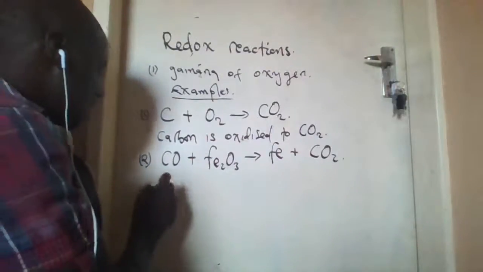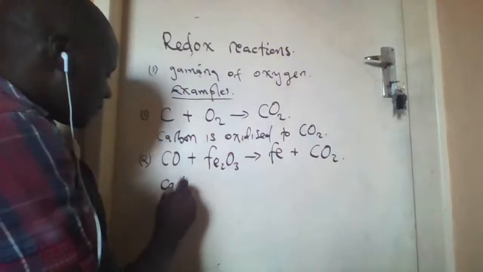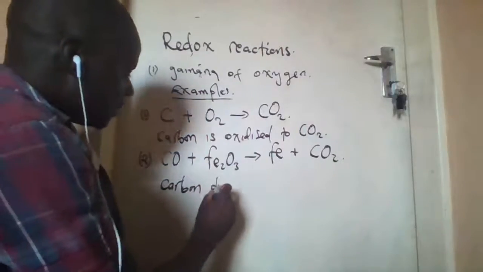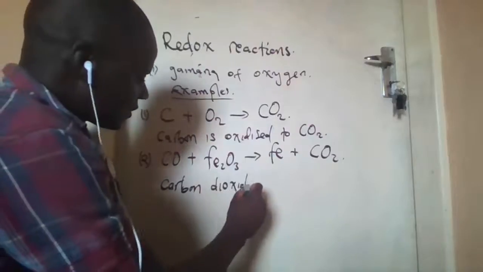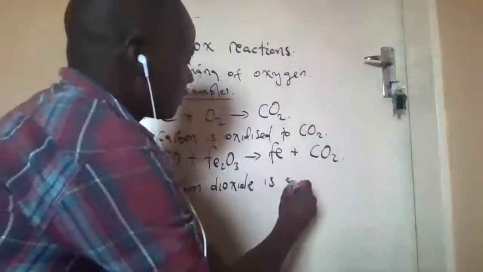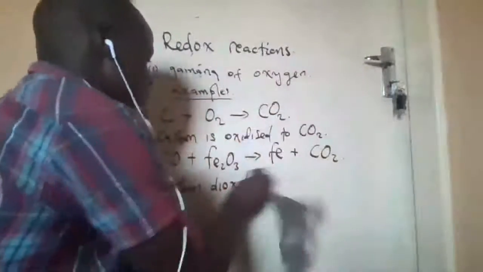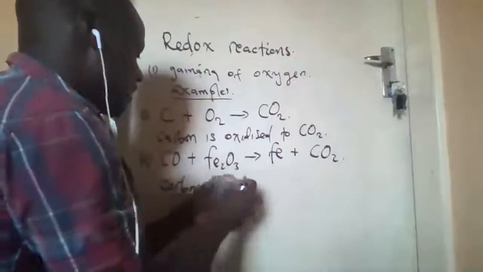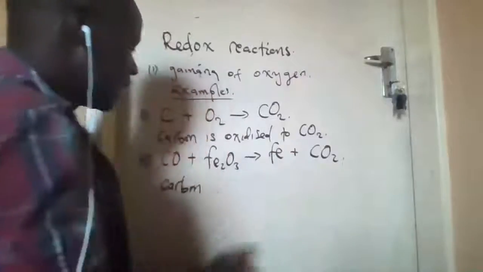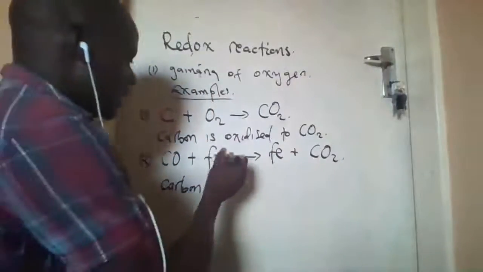So in this reaction, we are saying it's carbon monoxide here, which is being oxidized because it's carbon monoxide which is gaining the oxygen which was on the iron.